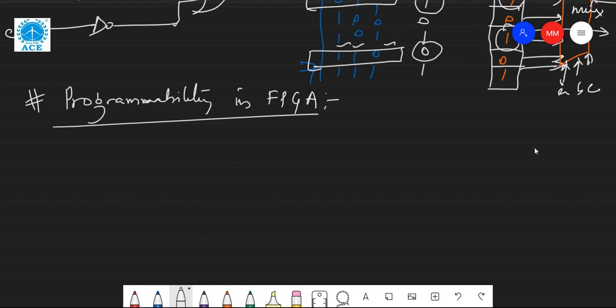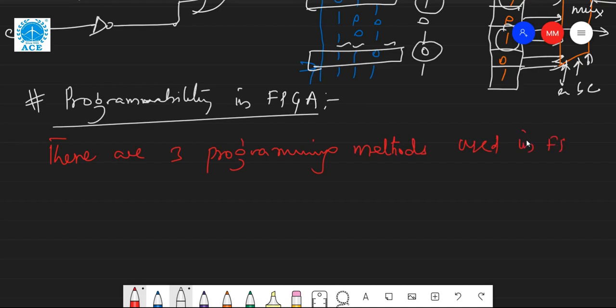As I discussed, there are three programming methods or techniques used in FPGAs basically.